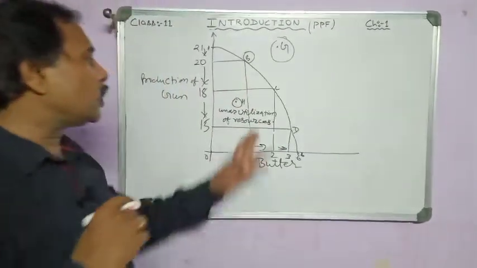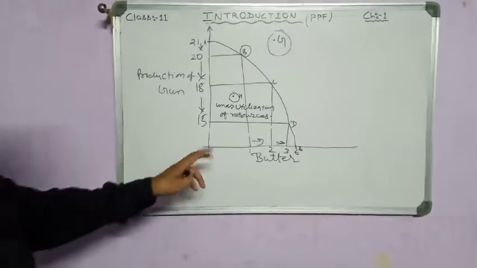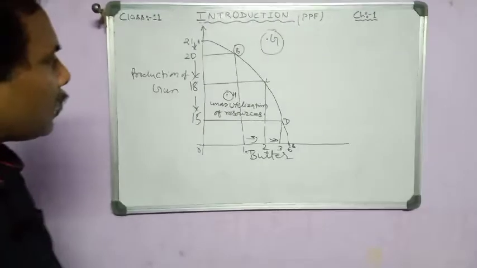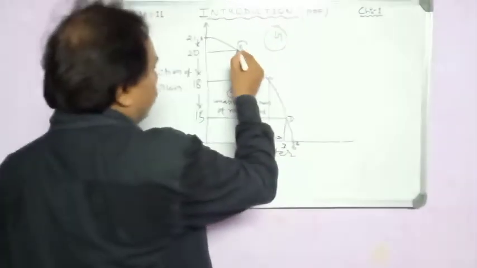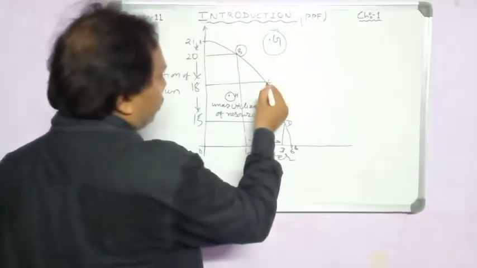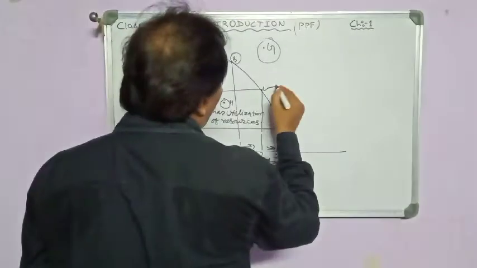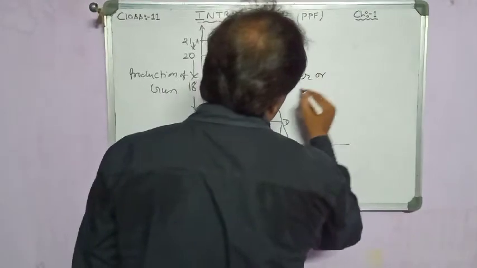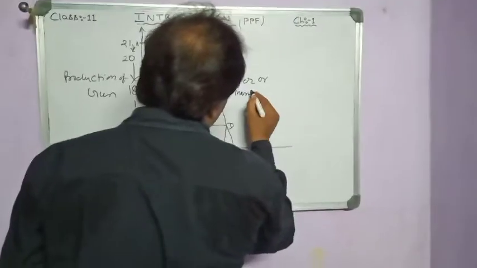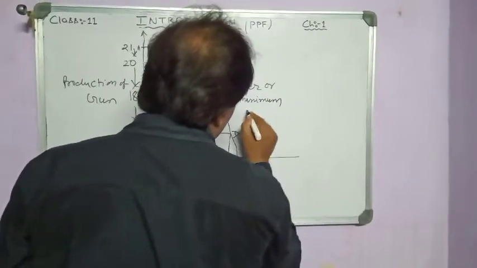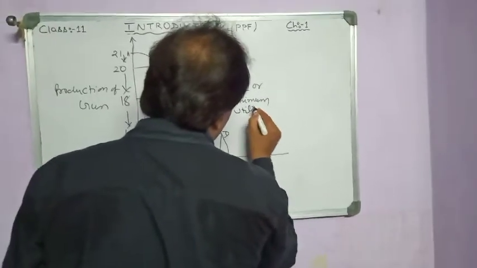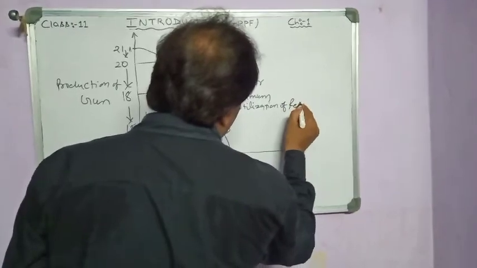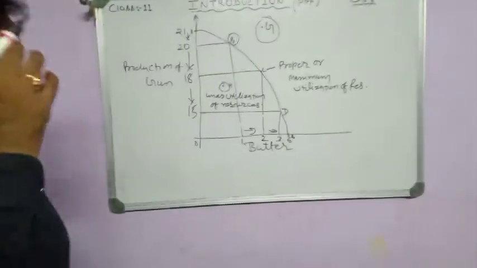So here the resources are not properly utilized, and that's why the H point indicates underutilization of resources, and any point which lies on the PPC indicates proper or maximum utilization of resources. Is it clear?